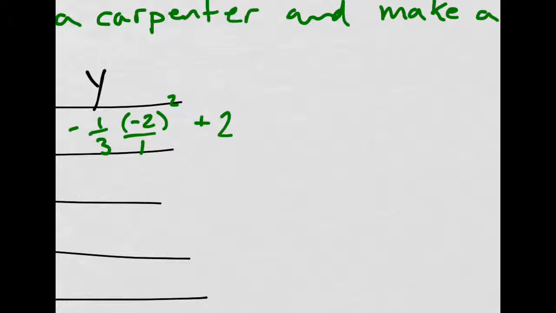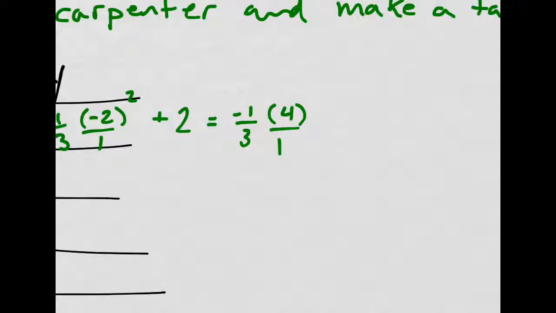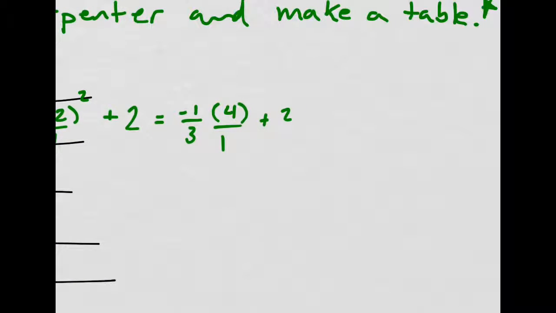Negative 2 times negative 2 is 4. So this is negative 1 over 3 times positive 4 over 1. Plus 2, which is negative 4, right? I multiply straight across the top. Negative 4 and positive 3 plus 2.